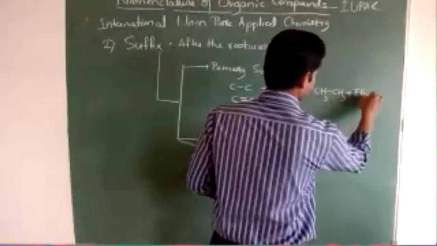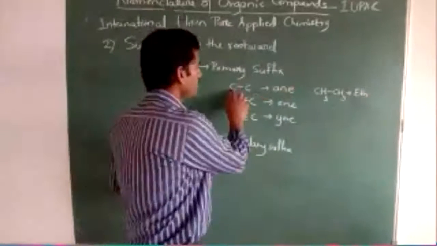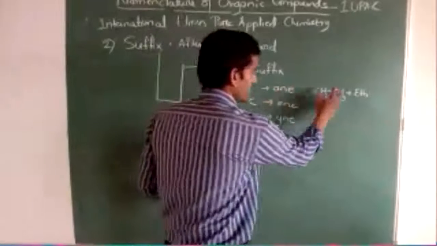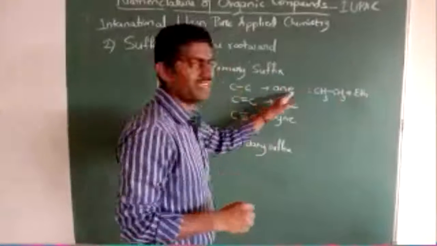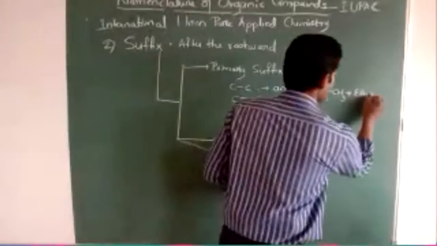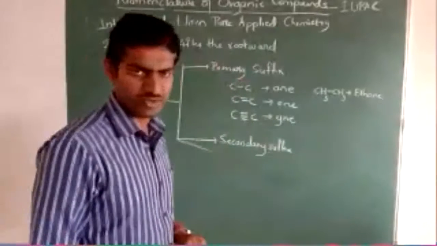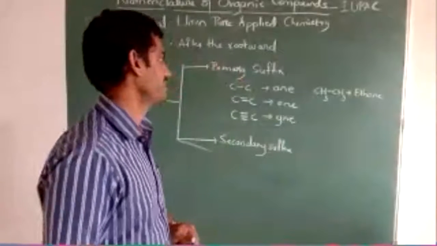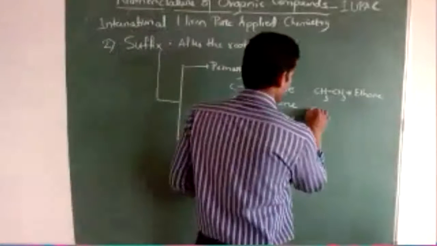That is eth. How is the bond between the two carbon atoms? A single bond. Then what is the suffix you are going to use? That is ANE. That is ethane. What is the name of that compound? It is ethane.